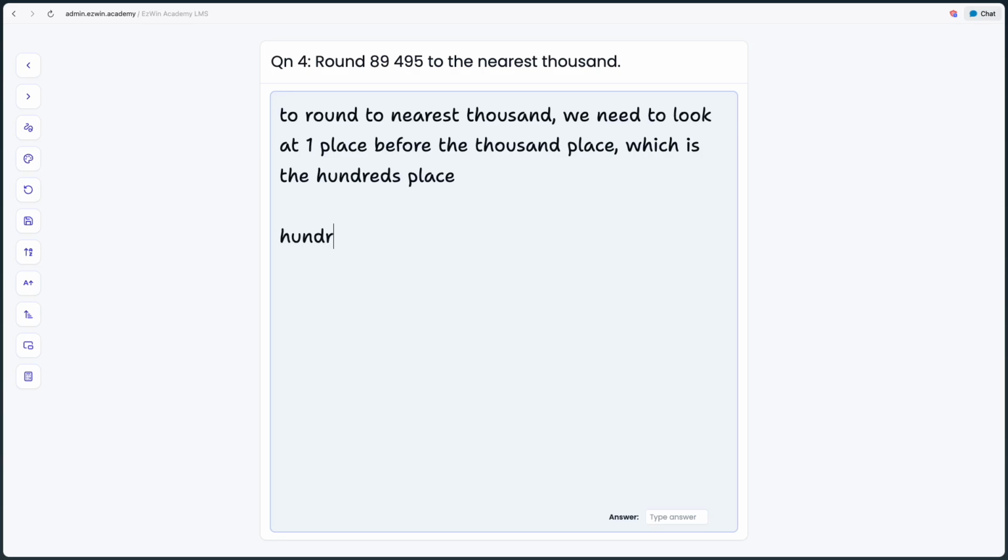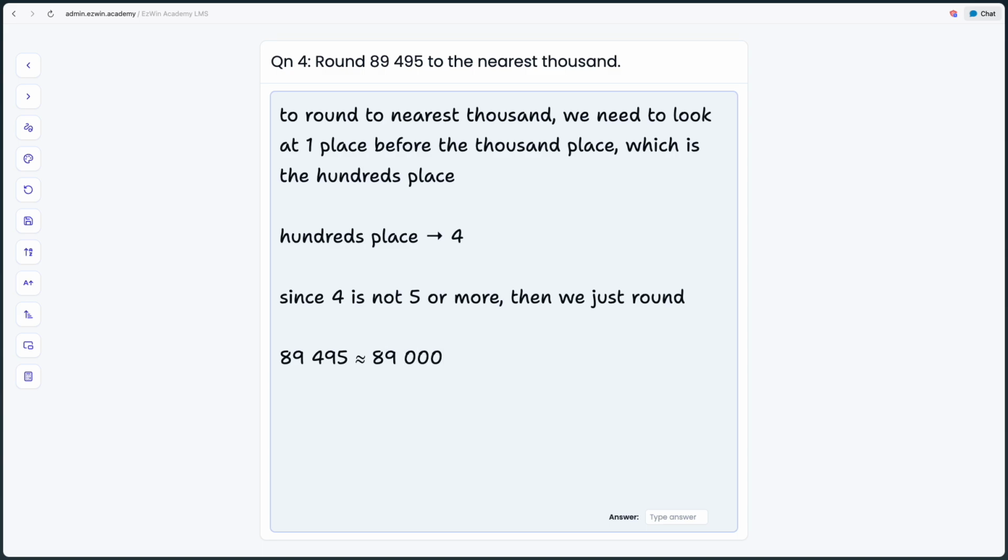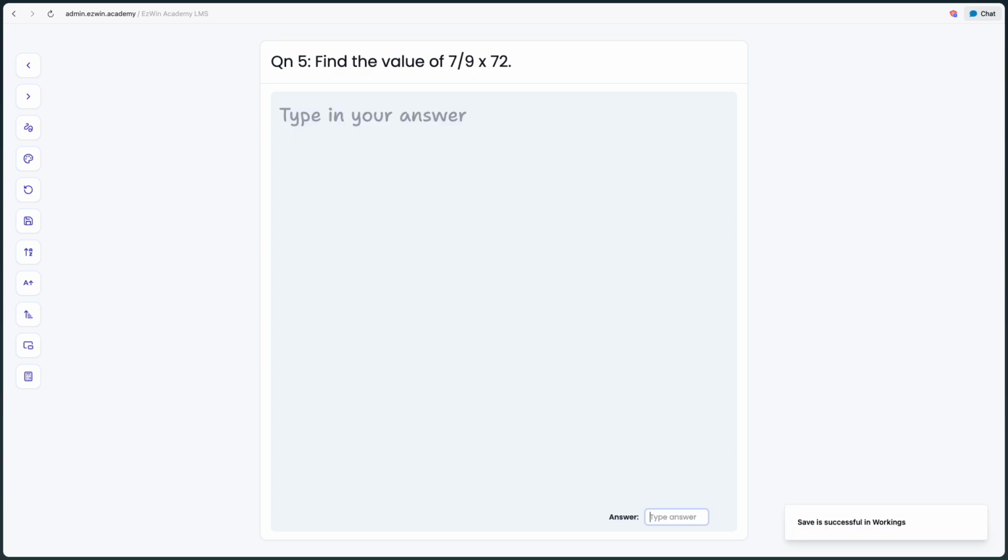So hundreds place is 4. Since 4 is not 5 or more, then we just round, which will then be equal to 89,000. If you round to the nearest 1,000, it would then be 89,000, not 90,000. So the answer is 89,000. Okay, there you go. Let's move on to question number 5.